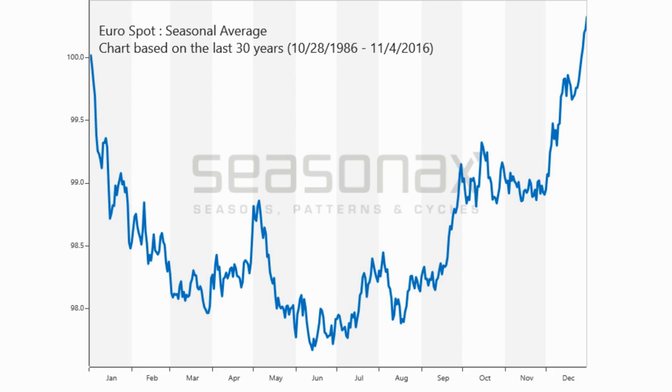Now remember, I'm not saying this out of thin air or out of nowhere. This is real, actual, and factual summarized data of EU from the last 3 decades, right? Firms and different institutions have gathered data from the last 30 years and they've summarized it into this single chart. And this chart basically shows us the average of what Euro USD has done, right?